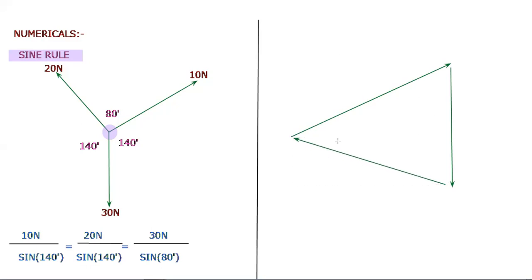Now the triangle has been formed. Now each side is parallel to one of the forces. This 10 Newton is parallel to this side, 30 Newton is parallel to this, and this 20 Newton is parallel to this one. Okay, now we'll write the values.